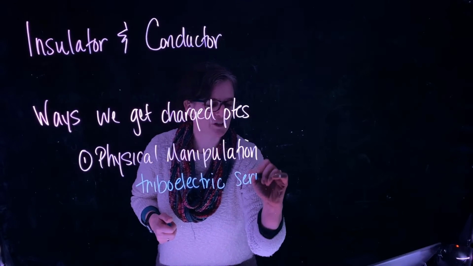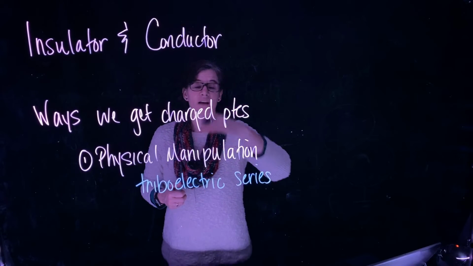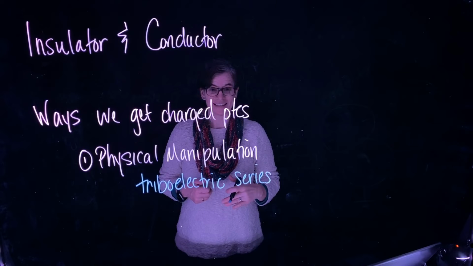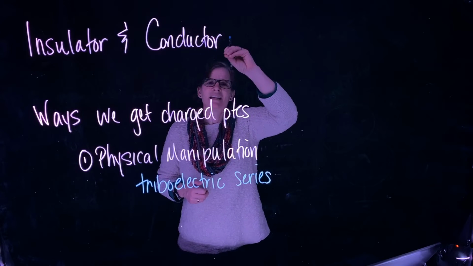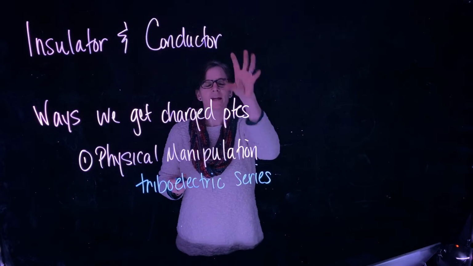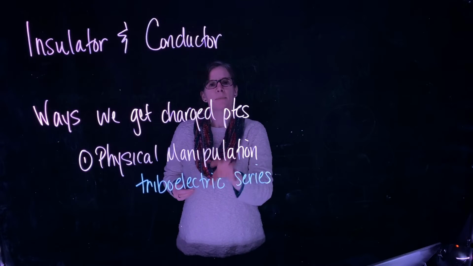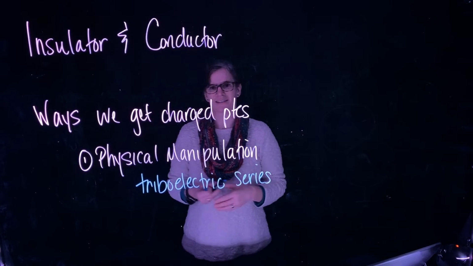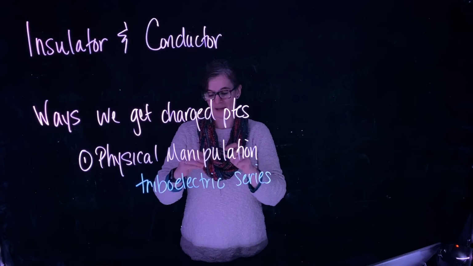This is a series of items, of objects, from top to bottom, if we look at it in a linear list. At the top of that list, those objects are more likely to lose electrons. They're more likely to become more positive. And at the bottom of that list, those are objects that are more likely to gain electrons. So they're the ones that are more likely to become negative.